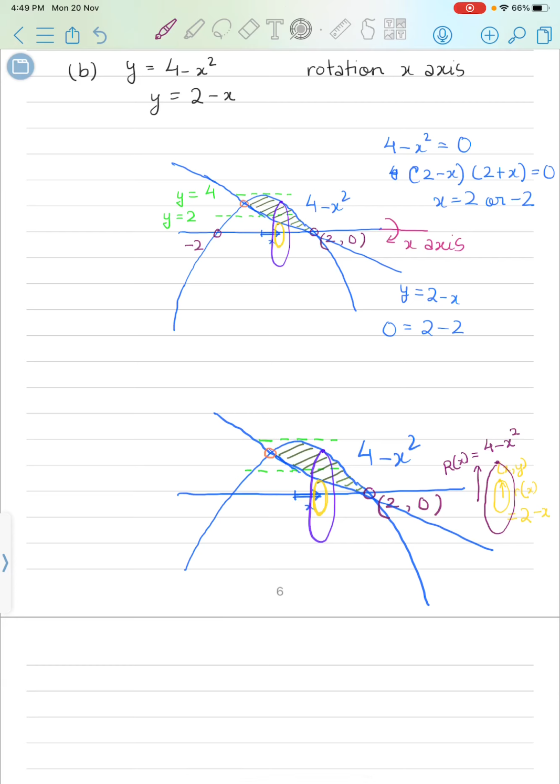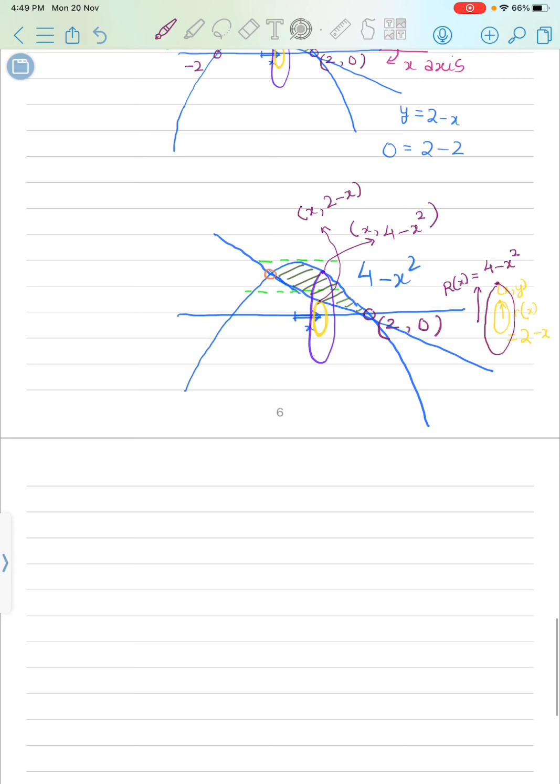Okay, so this thing is actually 4 minus x square. This point is actually (x, 4 minus x square), and this one you already know is (x, 2 minus x). Okay, so you know the capital Rx and the small rx.